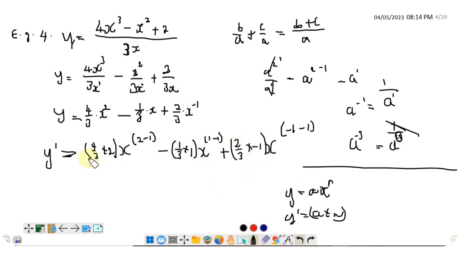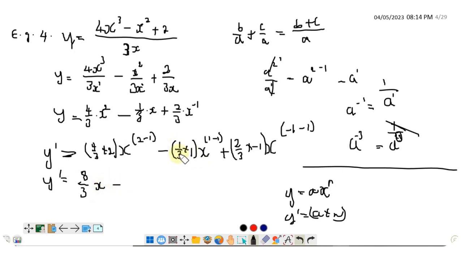Okay. So now this one, 4 multiplied by 2 over 3, is the same as 8 over 3. And 2 minus 1 is just going to be 1, so x to the power 1. It's 1, so I'm not going to write it.